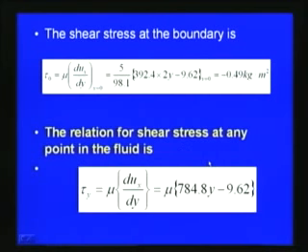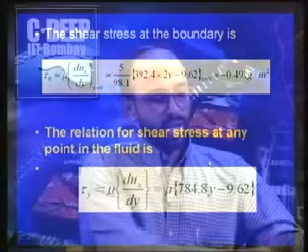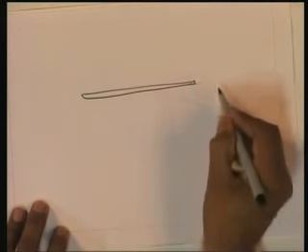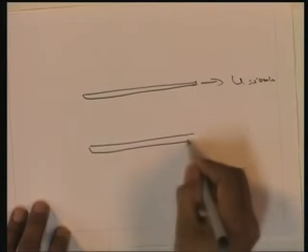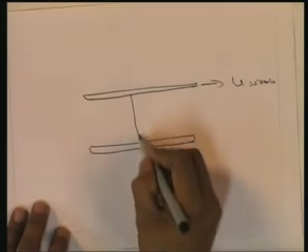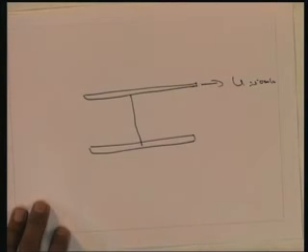Now for this case, if you plot the velocity, as we have seen here, we have the moving plate with 50 centimeter per second, and here the fixed plate. As in the earlier case, you can see the velocity variation.